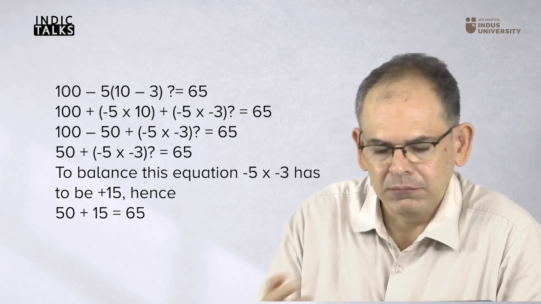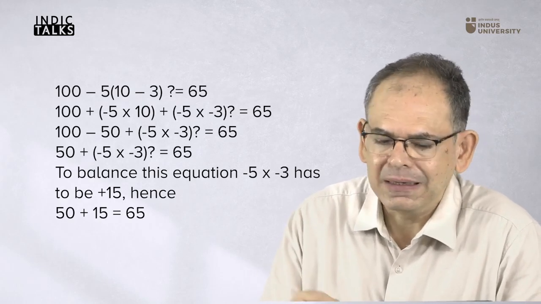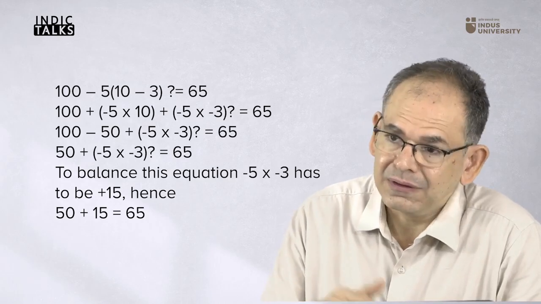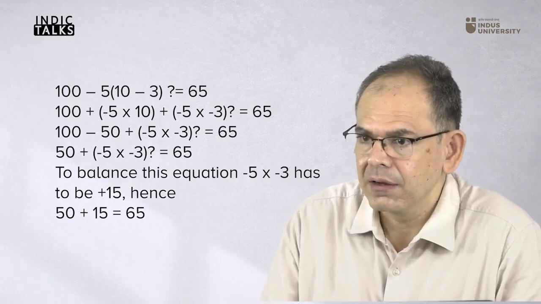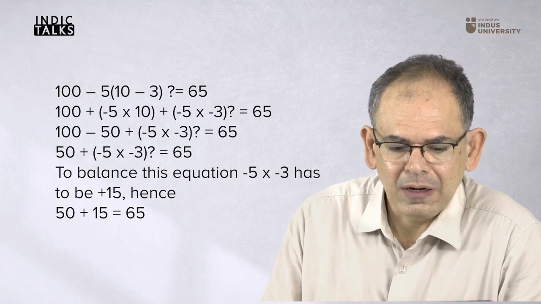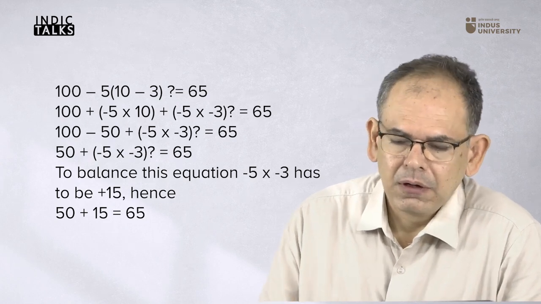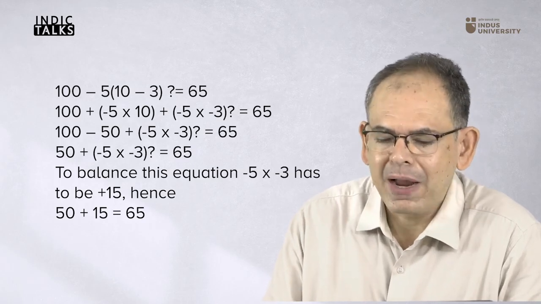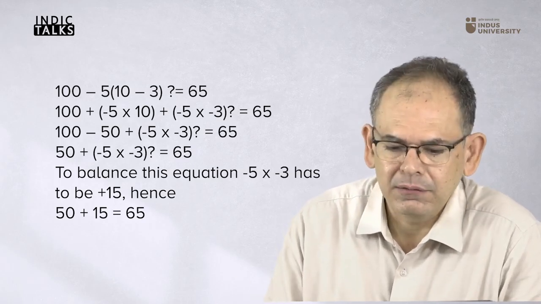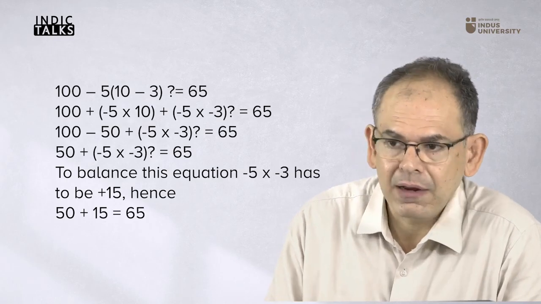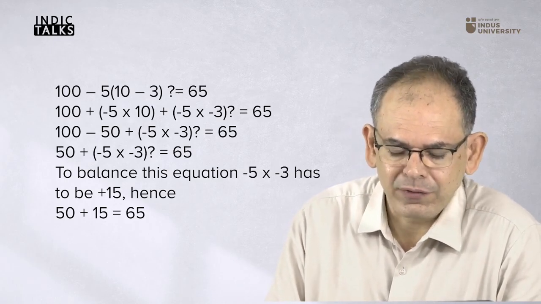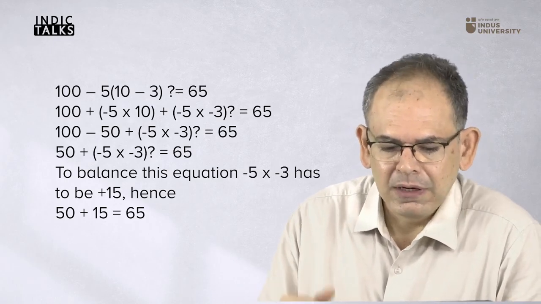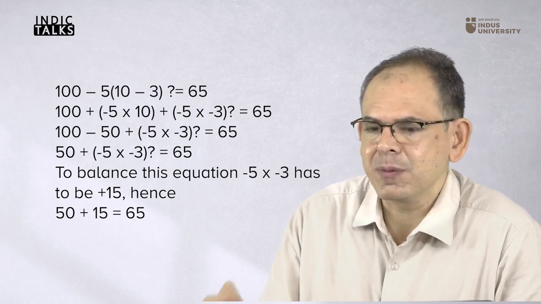Now let us look at it in a different way. 100 minus 5 inside of bracket 10 minus 3. Now that should give us 65. So 100 plus minus 5 times 10 plus minus 5 times minus 3. Now that should give us 65. 100 minus 50 plus, inside of bracket, minus 5 times minus 3.